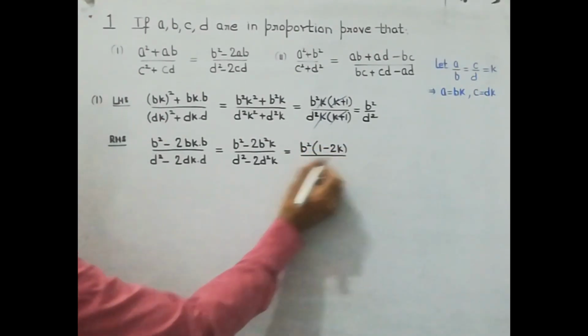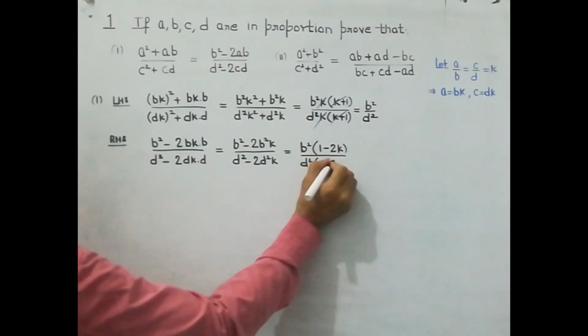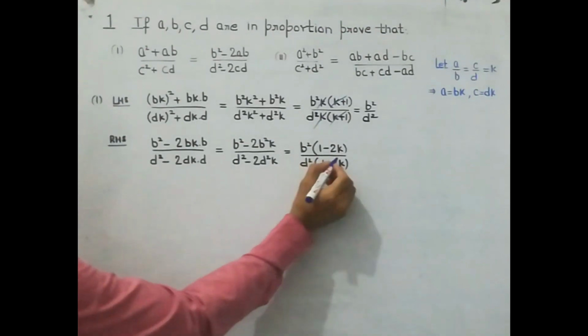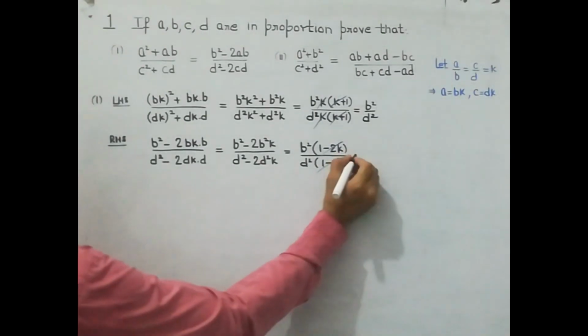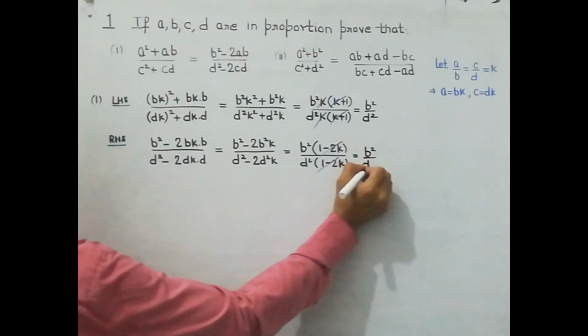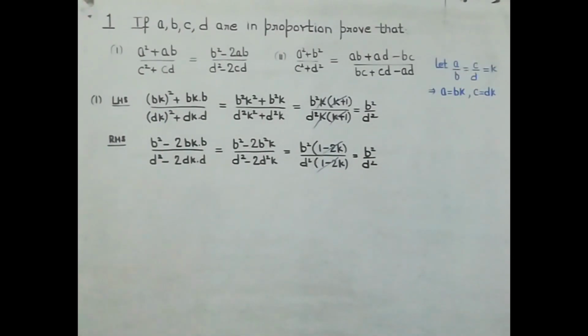In the denominator you take D square common, so you are left with 1 minus 2K. Now you can see this will cancel out. So the result for the right side is B square upon D square. You can see the result for the left side and the right side is the same. So we have proved that LHS is equal to RHS.